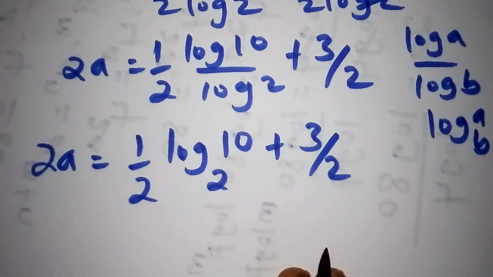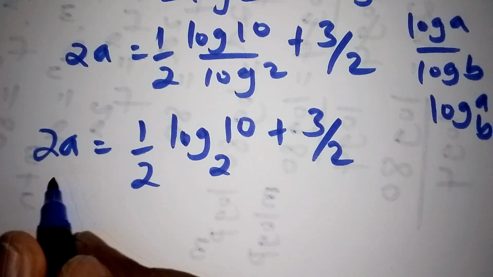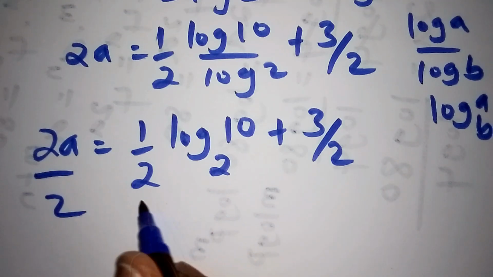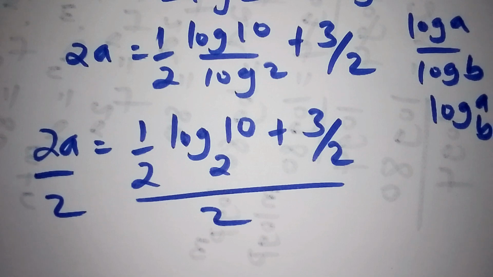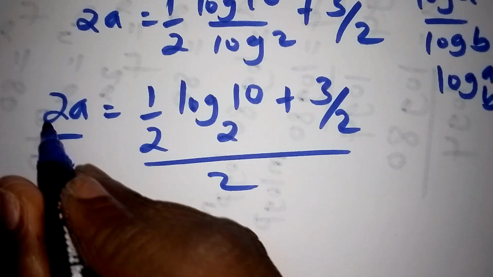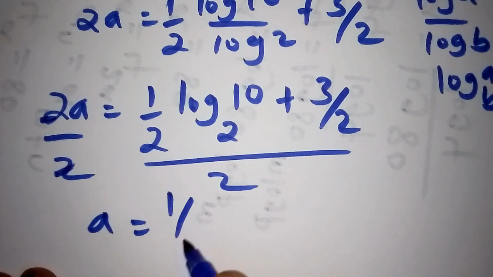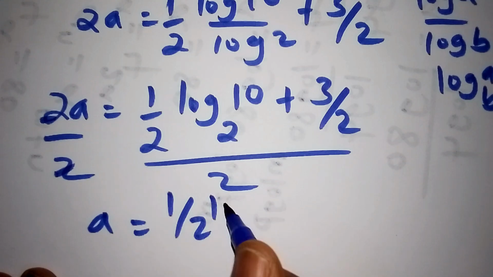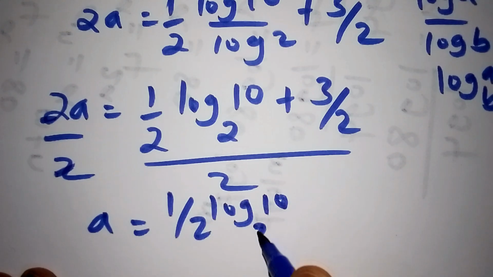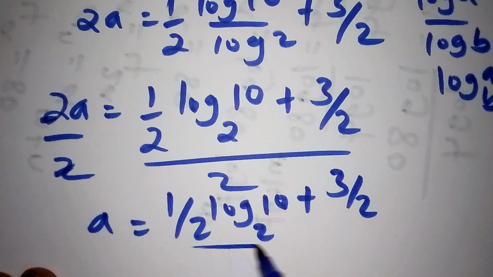So the next step, we want to do away with the 2 in 2a. So we divide both sides by 2, and all of this also by 2. These 2 and these 2 cancel. So now a is equal to 1 over 2 times the log of 10 to the base of 2, plus 3 over 2, all of this divided by 2.